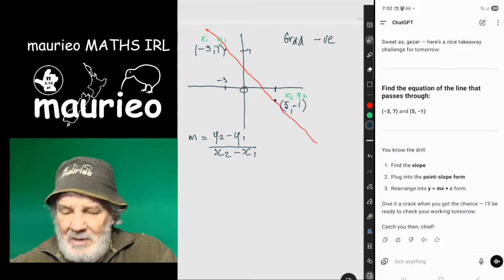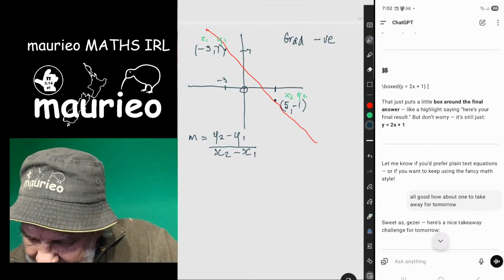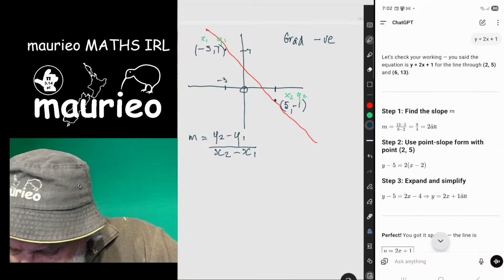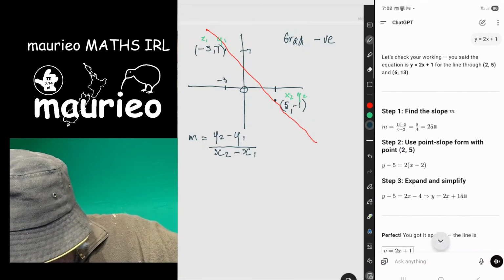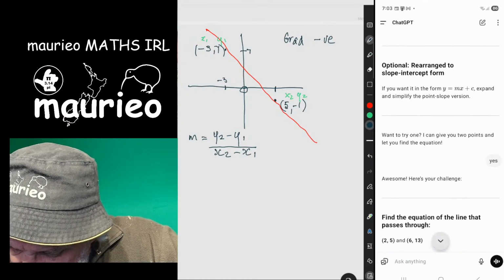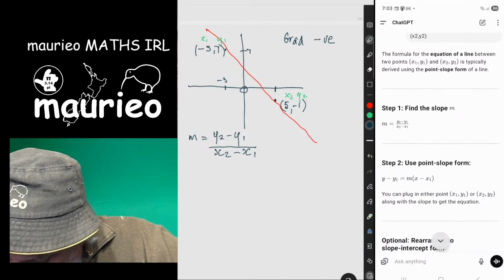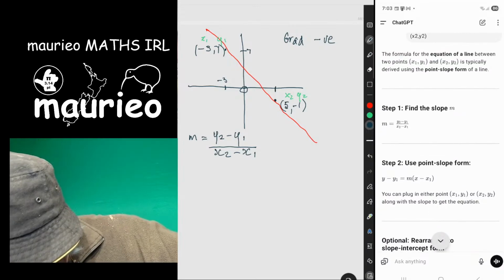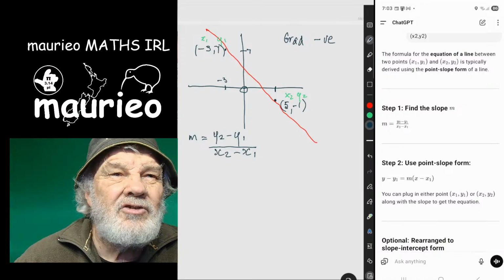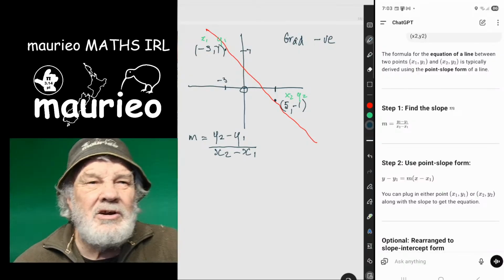I think I need to go back and check that, just to make sure. Yes, there it is: m equals y2 minus y1 over x2 minus x1.